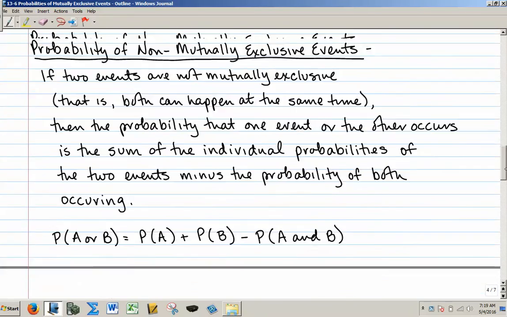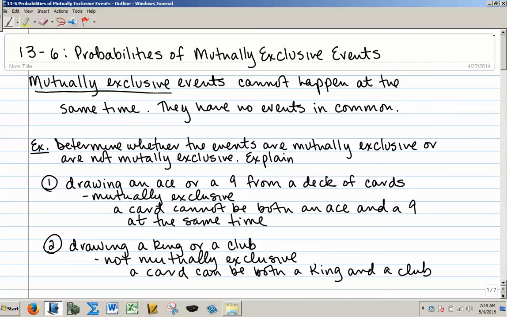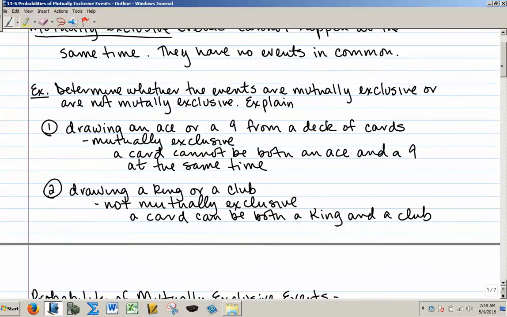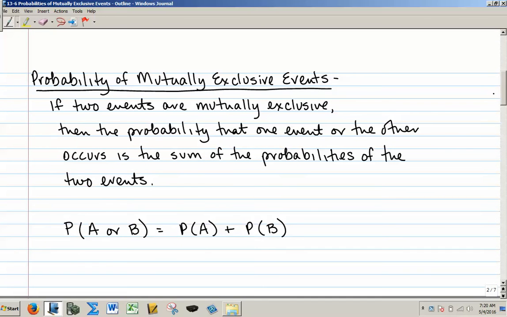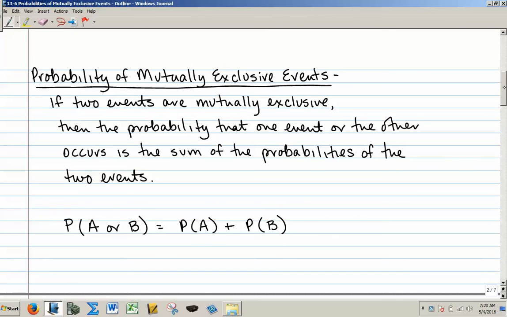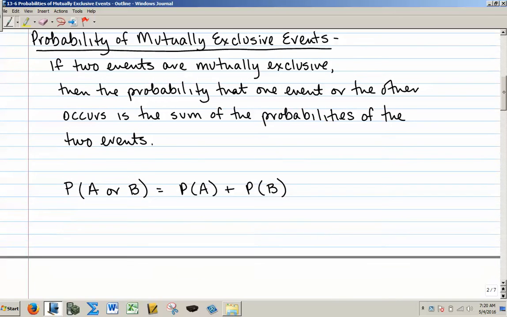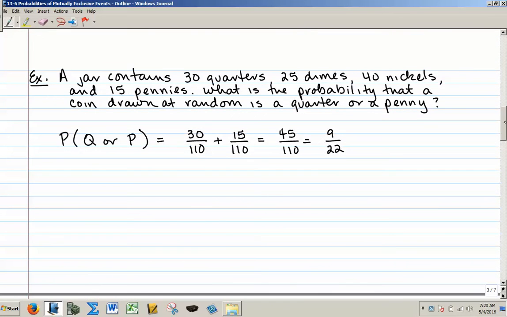So this section was all about mutually exclusive events. The main idea here was we were doing one situation, drawing one card or drawing one coin from a jar. If the two events are exclusive of each other, something cannot be the two things at the same time, then we just add those probabilities, as we did with the coins here.